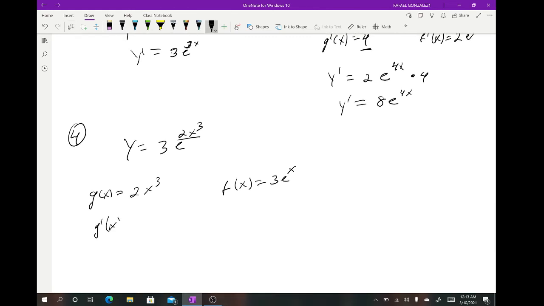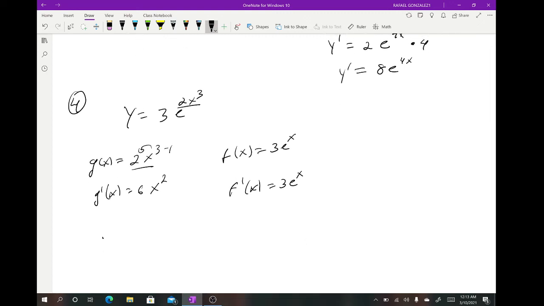g prime of x is going to be the derivative of this. That's just 3 times 2 is 6, and 3 minus 1 is 2, so this is 6x squared. And then f prime of x is simply 3e to the x, because of the constant multiple rule. Now when we put it together, once again, y prime is f prime evaluated at g of x times g prime of x.